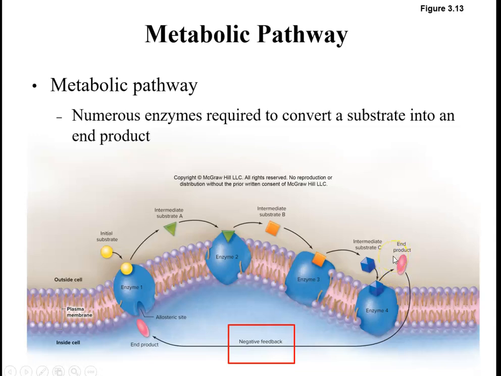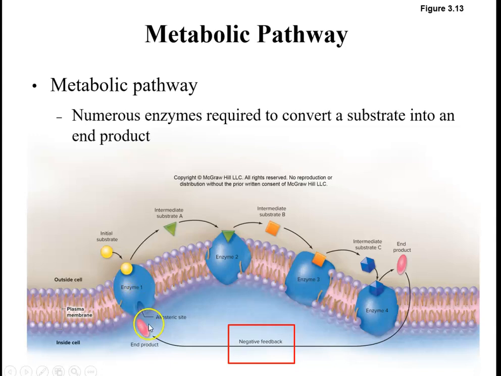Now note here, how are enzymes regulated? How do you shut this pathway off? Well, as the end product builds up, some of it goes back to the first enzyme in the pathway and plugs into an allosteric site, right? That's a site that's different than the active site.